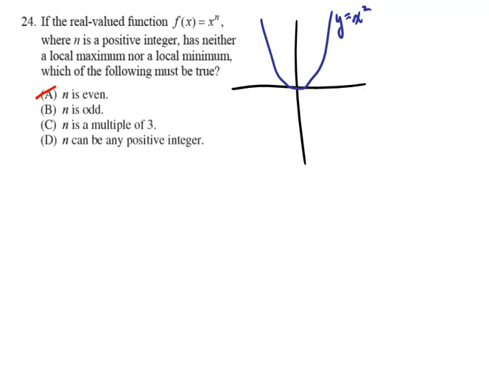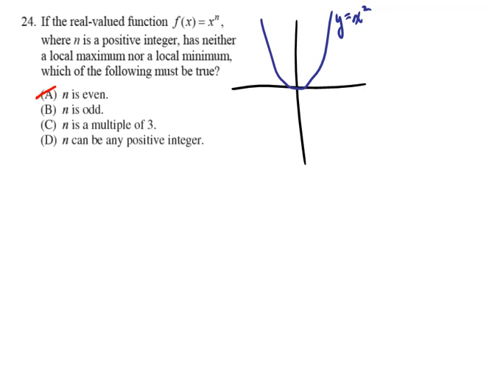So they will either both start, your left end behavior will be positive infinity, your right end behavior will be positive infinity, or they will both be negative. You cannot have an even powered polynomial that does not start and end at positive infinity or negative infinity. Therefore, they both have to have a relative min or a relative max.